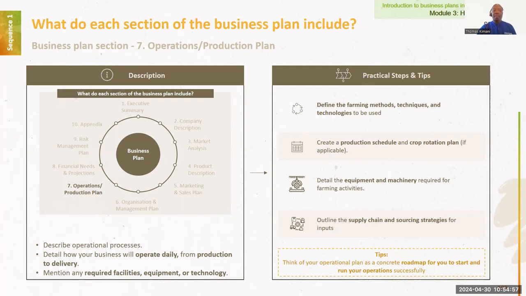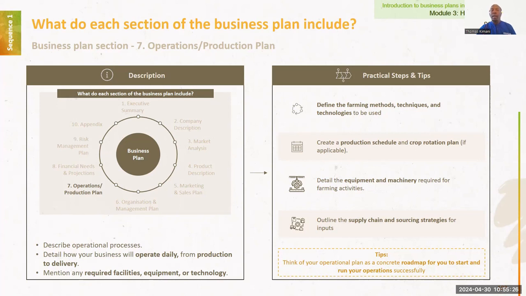Equipment and machinery required. And maybe this is where you need your financing. Maybe you want to buy new processing equipment. You have to have that in place under your operational plan. So if it lacks, you figure out how to mitigate what's lacking. And then with any farming, supply chain becomes very, very important, right?